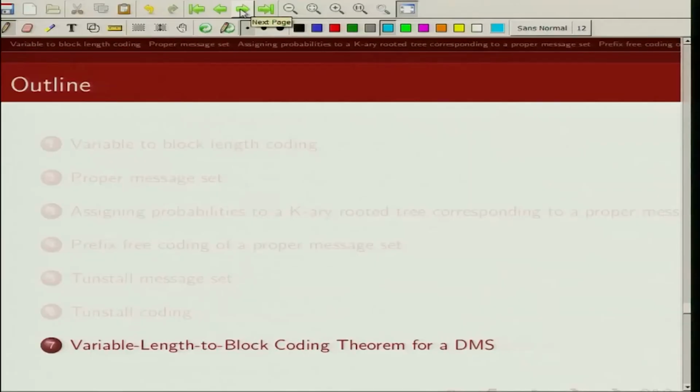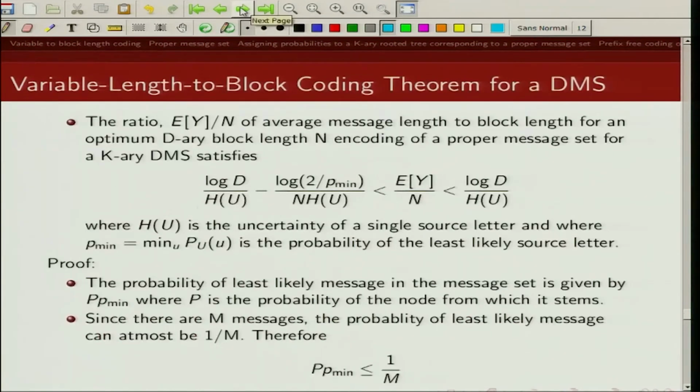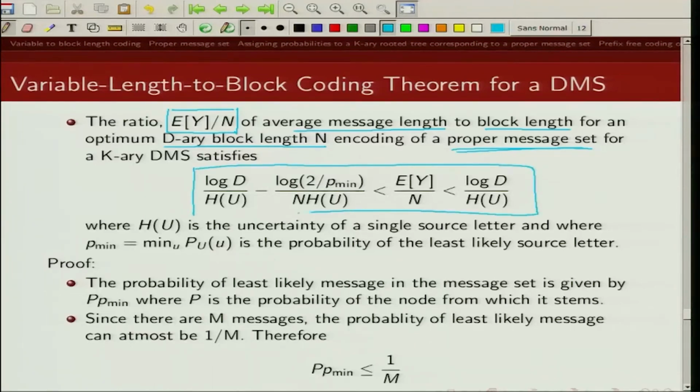Now let us explain the variable to block length coding theorem for a discrete memoryless source. So this ratio of expected input length by n, which is basically the average message length to the block output length n of a block length n encoding of a proper message set, satisfies this relation.